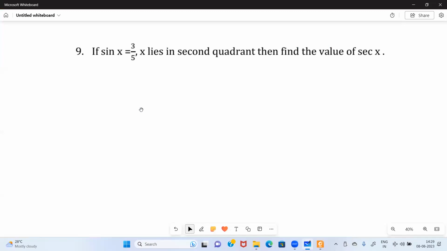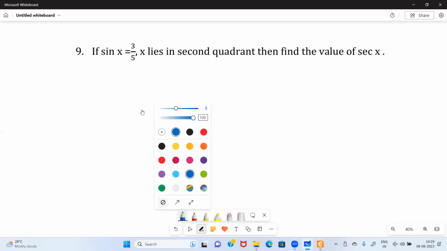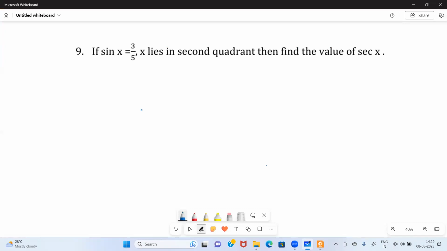Now, we can do it in multiple ways. One of the ways is using the identities. Okay. We all know that sin square x plus cos square x is equal to 1. So what is cos square x? 1 minus sin square x.